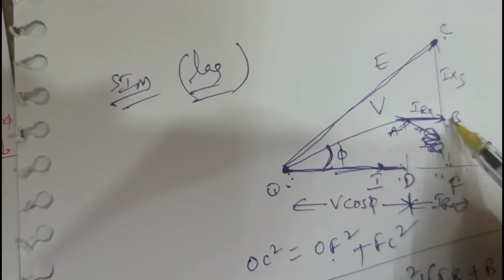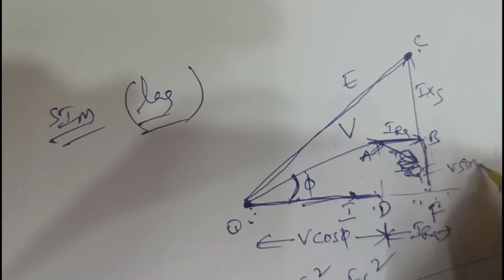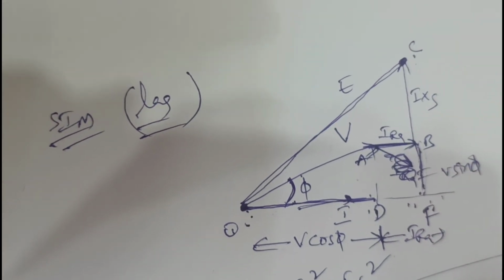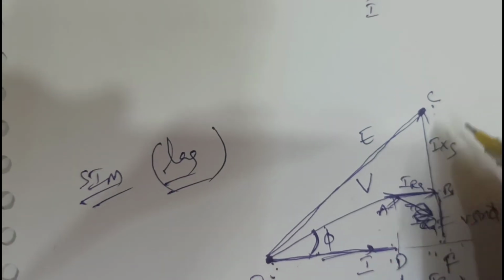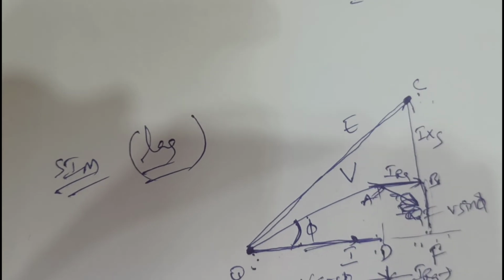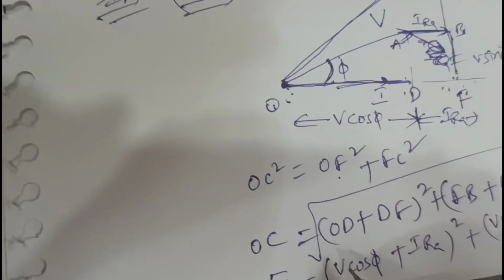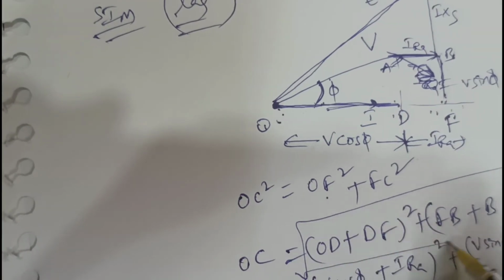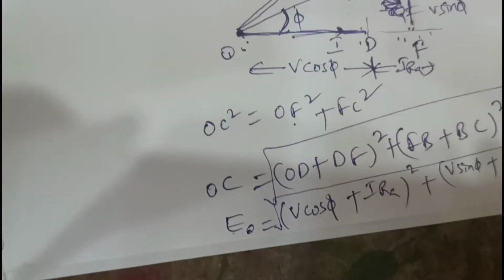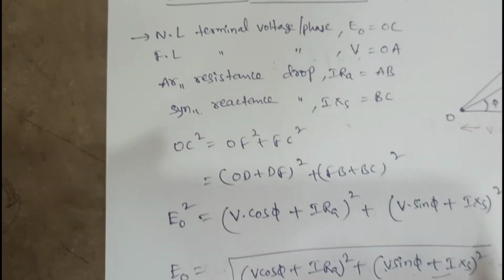FB is along the y-axis, so we write V sin phi, plus BC, which is I into XS, whole square. So this is the formula for E. This is the actual formula.